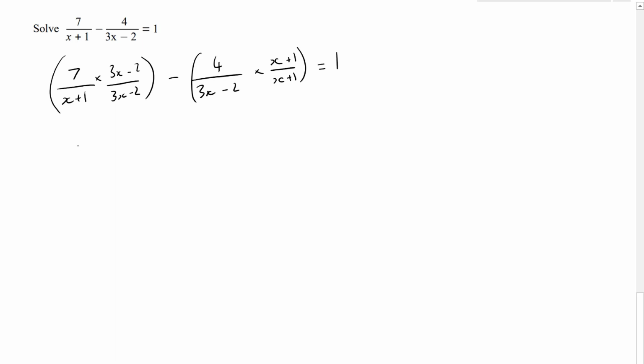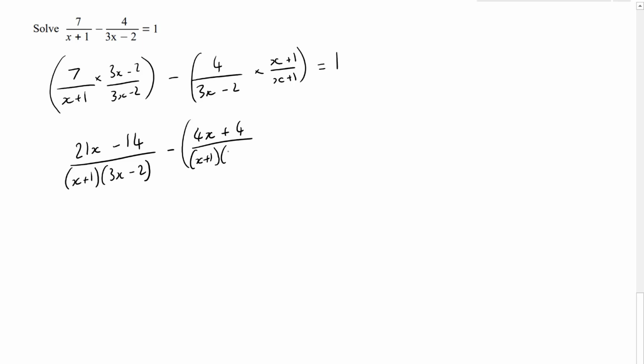So this is going to become 21x minus 14 over, and I'm going to leave these in brackets for now, x plus 1, 3x minus 2, minus 4x plus 4 over x plus 1, 3x minus 2, and this is equal to 1.